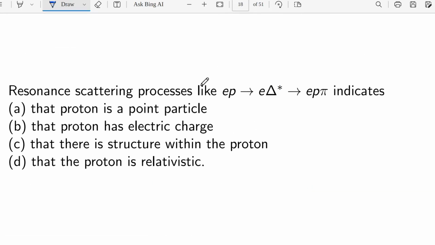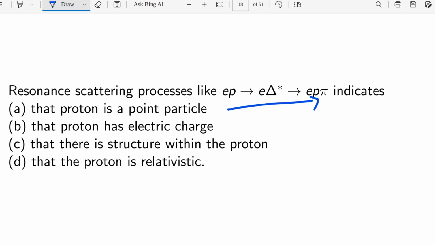Okay, now coming to the fourth question. So this is the fourth question. Resonance scattering processes like e p going to e delta star going to e p pi indicates that proton is a point particle, proton has electric charge, there is structure within the proton, or proton is relativistic.